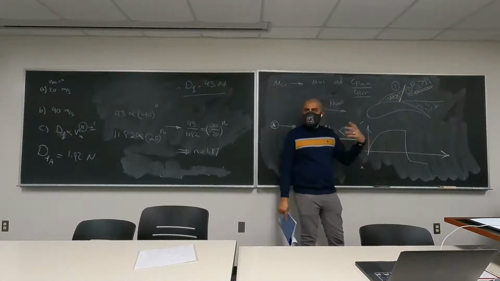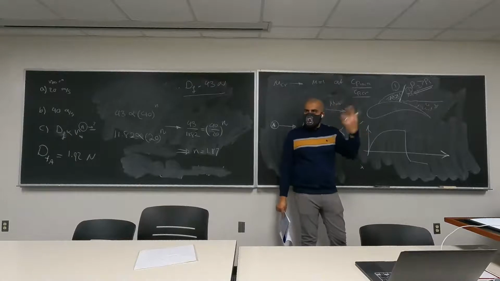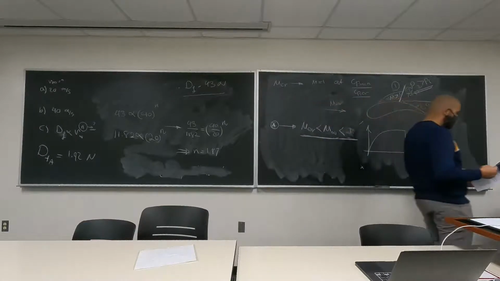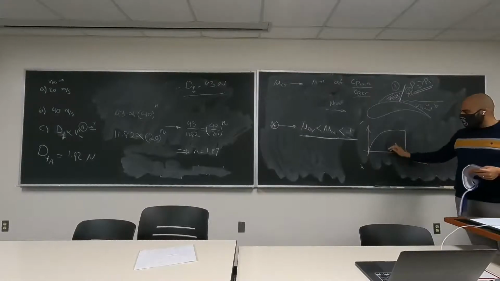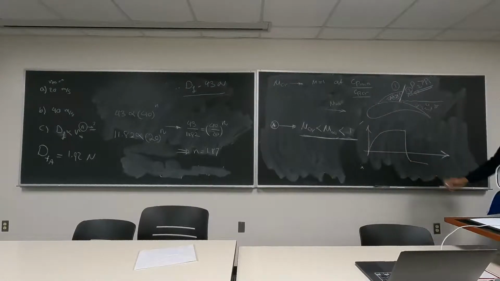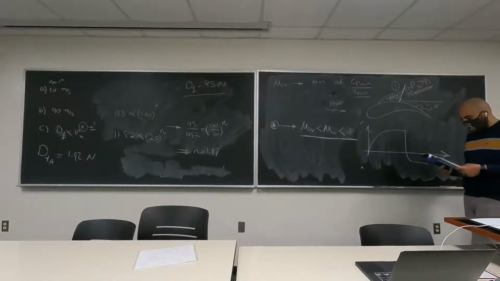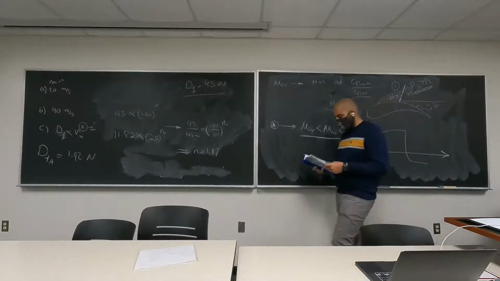P is getting closer or larger than P infinity, right? That's the normal way of talking about pressure coefficient. So in this region, we're going to have locally supersonic flow, and here we're going to have locally subsonic flow, and so on and so forth.